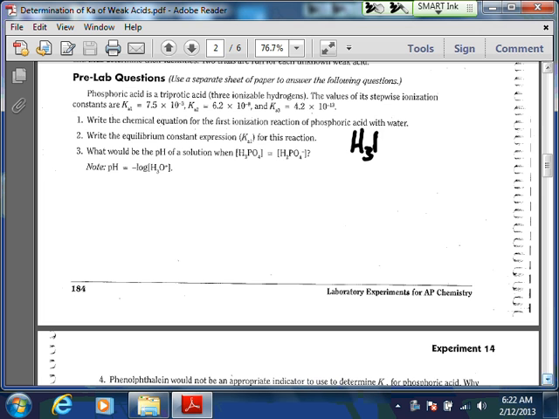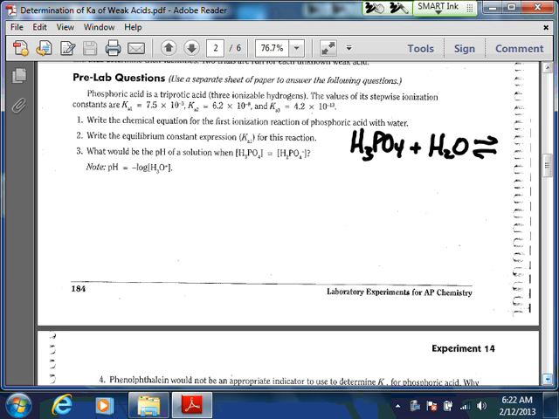Phosphoric acid is H3PO4. When it reacts with water, it's an acid. So obviously you're going to have your equilibrium, and then I'll let you finish that, okay? But basically you're going to just write the equation for the first ionization, so for the first hydrogen coming off of the H3PO4, okay? And then they want you to write the equilibrium constant expression for this reaction, okay?